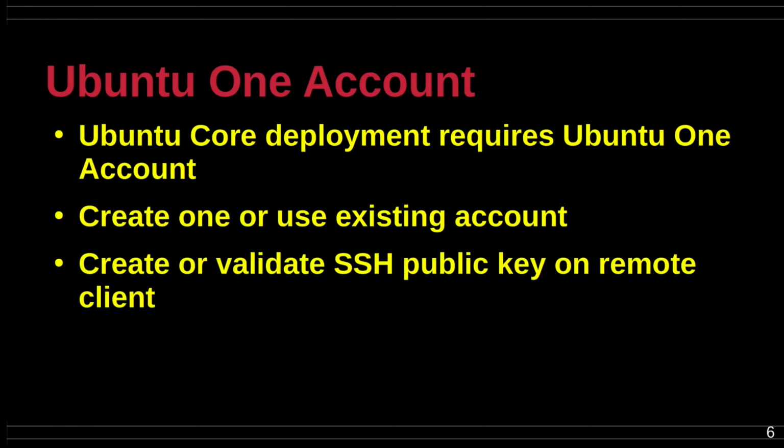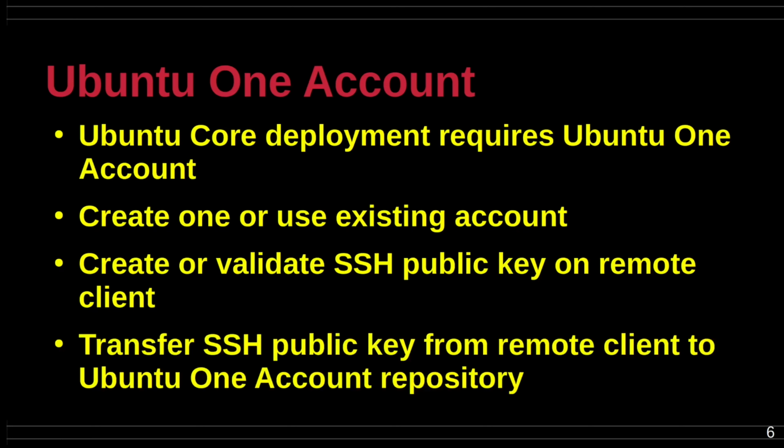If the SSH key does not exist in the remote client, then generate the key pair using the command ssh-keygen from a console terminal window on the desktop or remote client that will be used for snap development and headless connection to the Core 22 device. After successfully logging in to the account at Ubuntu One, copy the SSH public key to the Ubuntu One account repository.